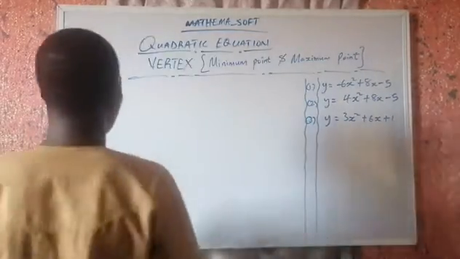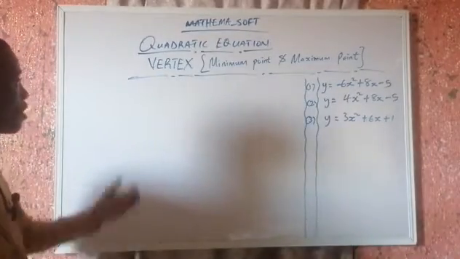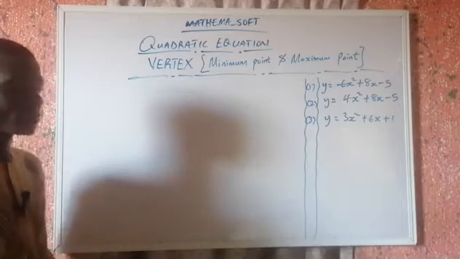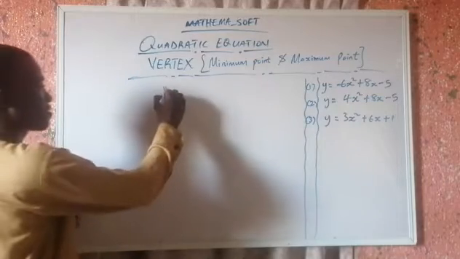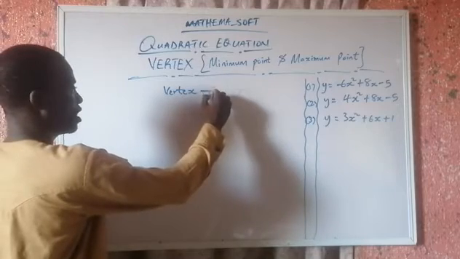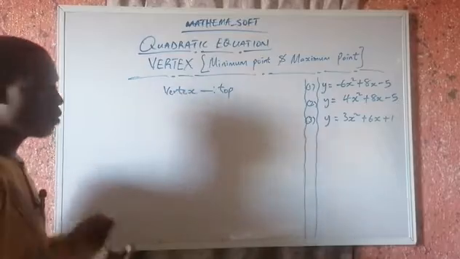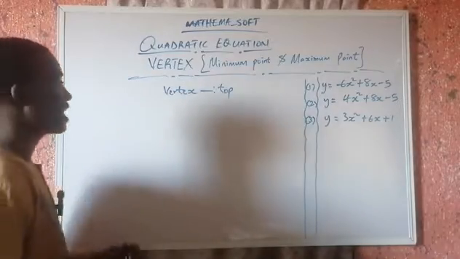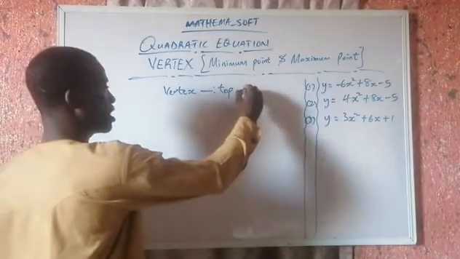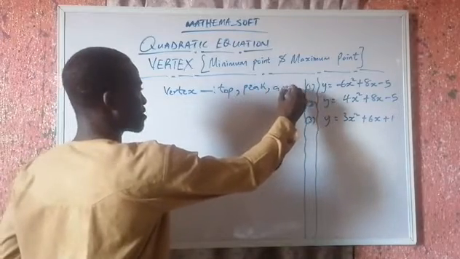So from the English perspective, what is the meaning of vertex? The word vertex can simply be referred to as the top. Another word that is synonymous to vertex is peak, or the apex.